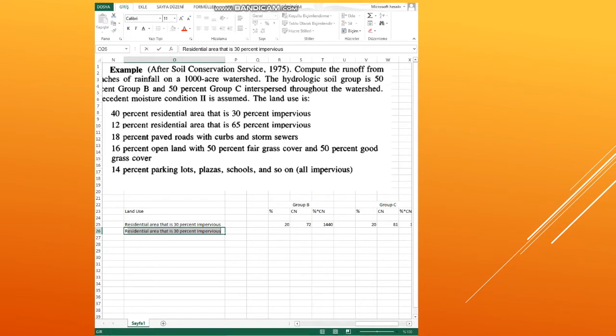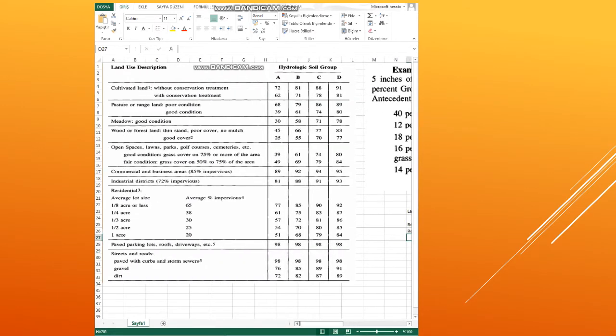And the second one is residential area again, but here instead of 30 it is 65% impervious. So we go back to our table.